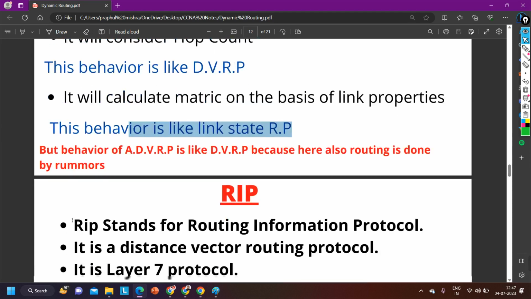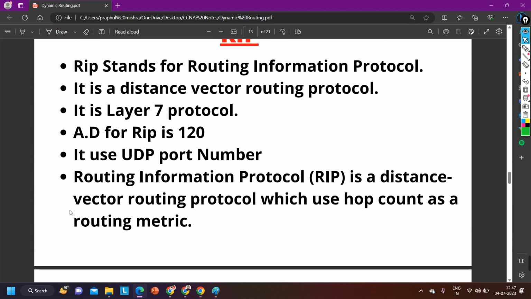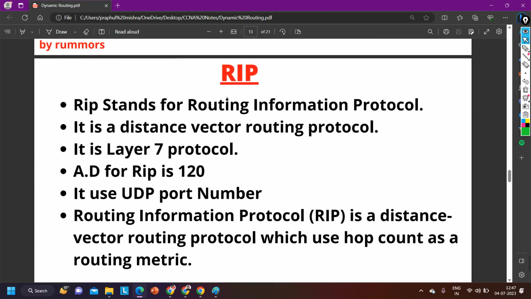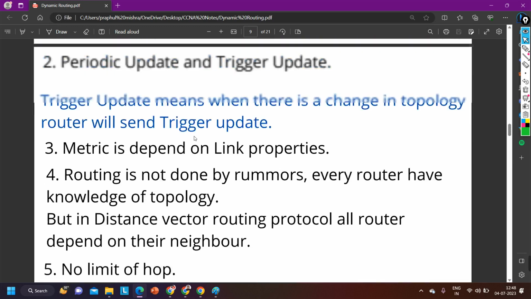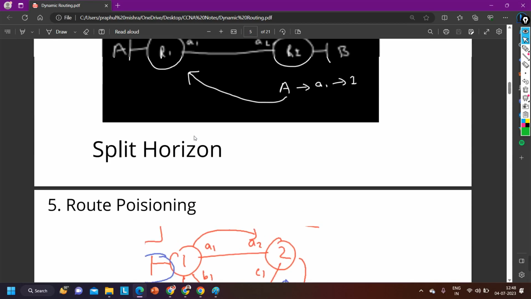Okay. Now guys, the first type of dynamic routing protocol is RIP. And RIP is a distance vector routing protocol. That is the first thing.